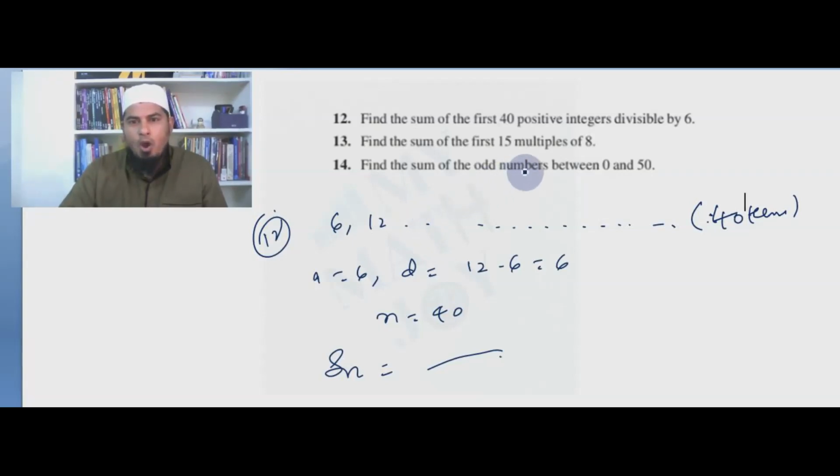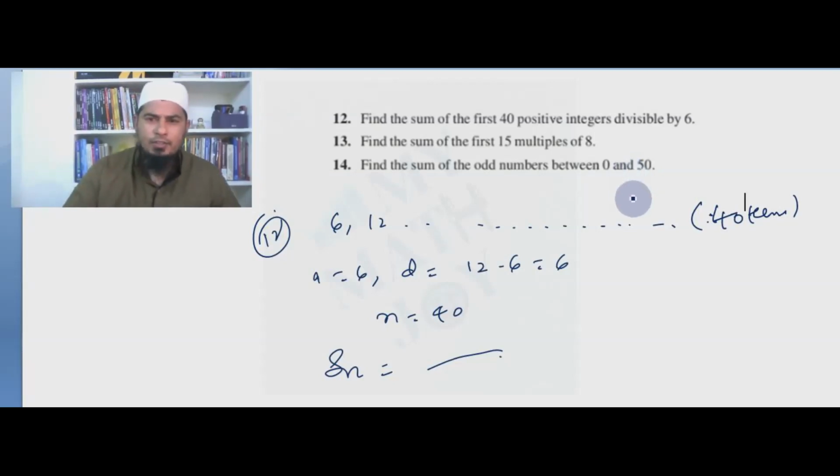Find the sum of odd numbers between 0 and 50. So the odd numbers from 0 to 50, starting from 1, 3, 5, like this. They are the odd numbers. Then the first number A will be 1, and the common difference D will be 2. In this way you can get the answer.